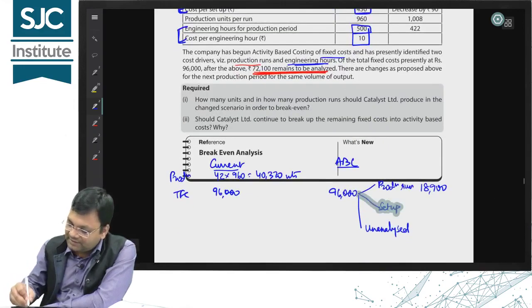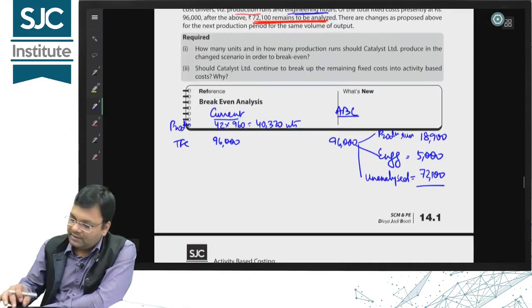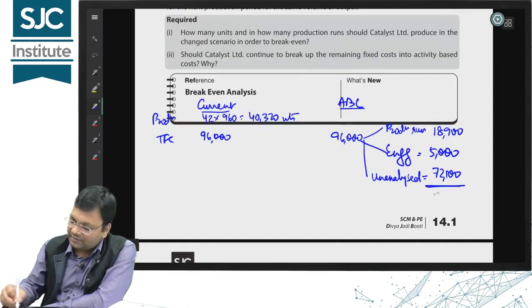Sorry, this is engineering cost, here it is 5,000, and unanalyzed remains at 72,100. If you add these three, 18,900, 5,000, 72,100, it is coming 96,000.